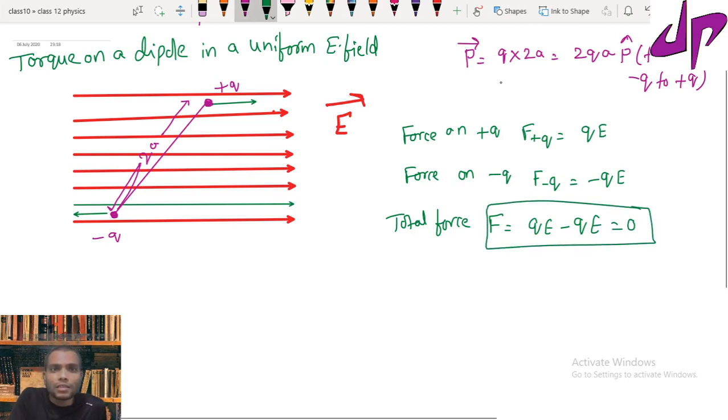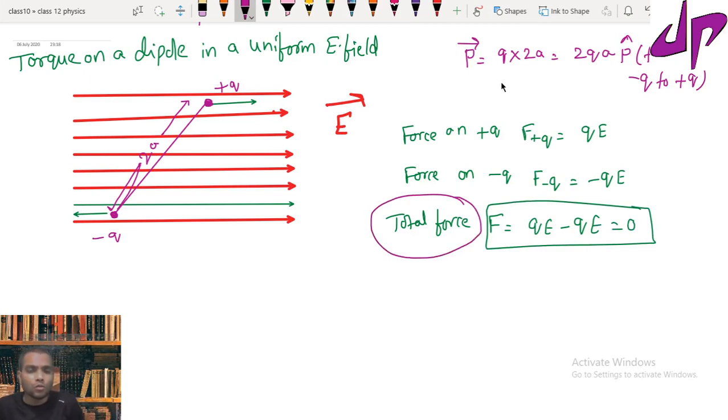See this here? Even though the total force on a dipole in an electric field is 0, still there is a force which is acting. That force causes the dipole to rotate.